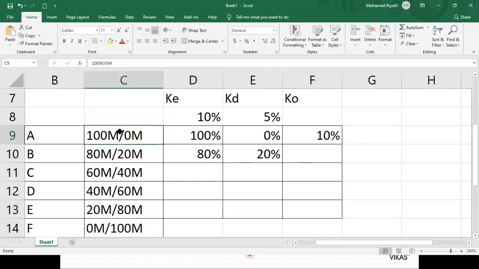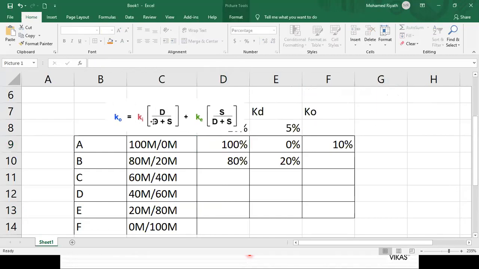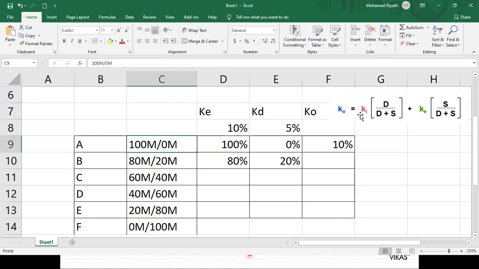So when you calculate the capital structure and apply this formula, you can find KI here: KI equals 5% into the debt.